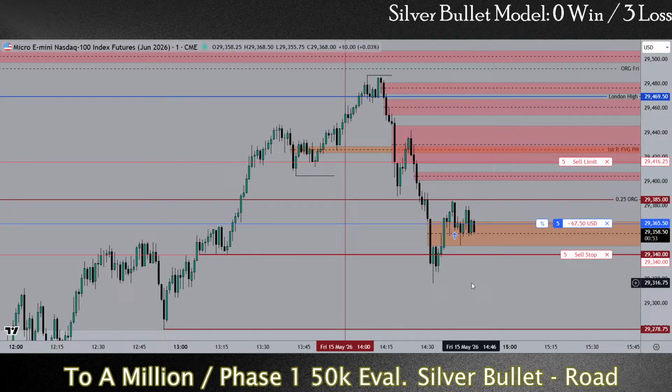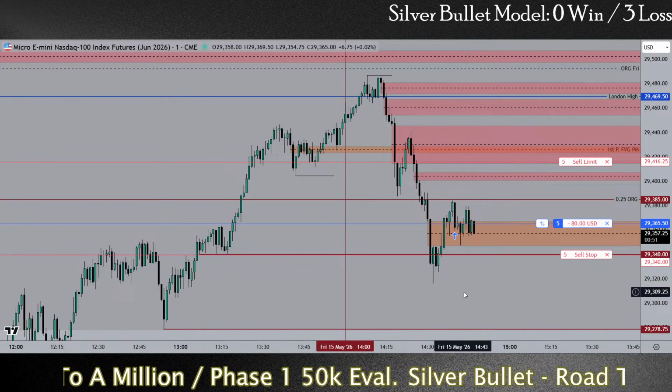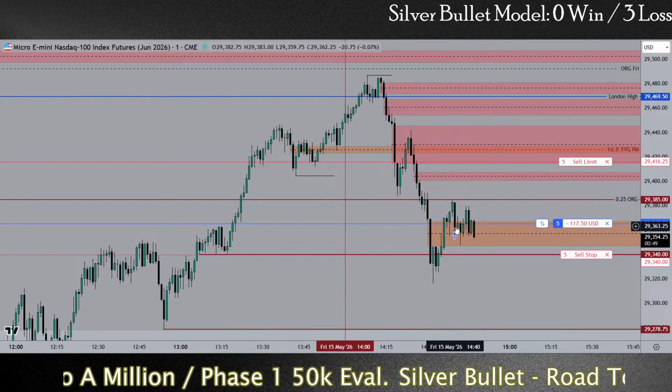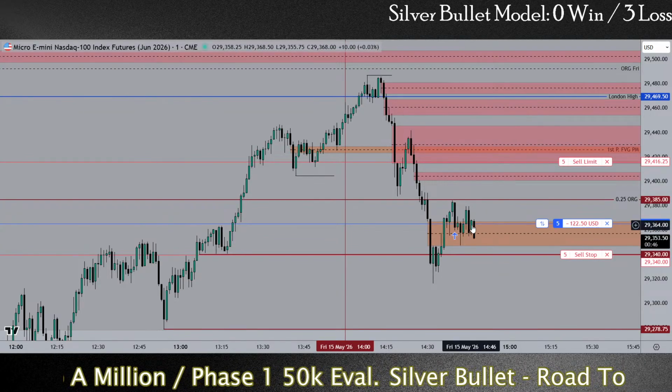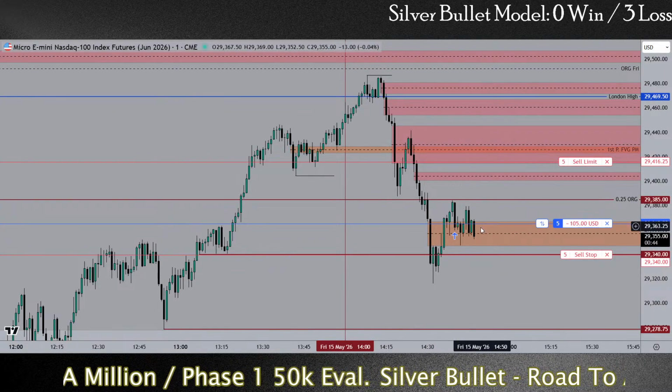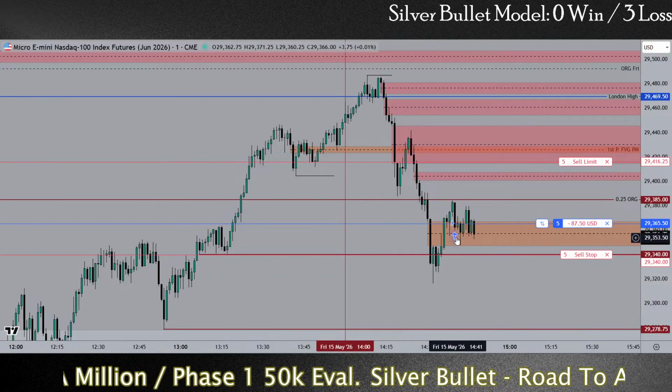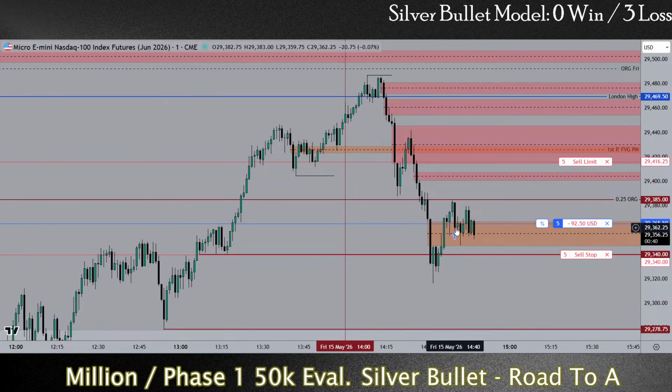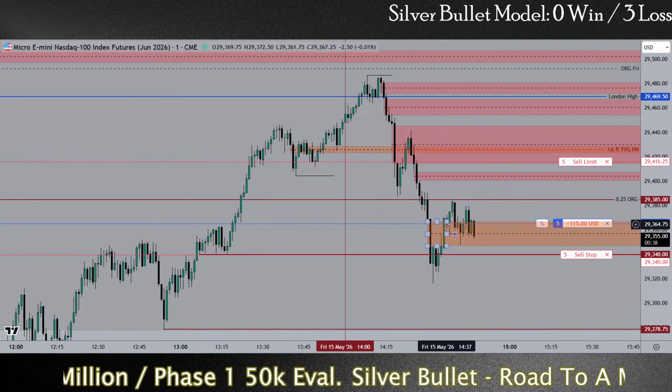I'm not saying it's impossible. I might be wrong, but that would be a sneaky idea to just pull it back deeper inside of the range, right? But so far it's spending way too much time inside of this inefficiency.